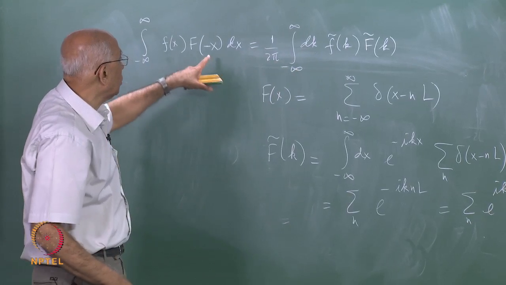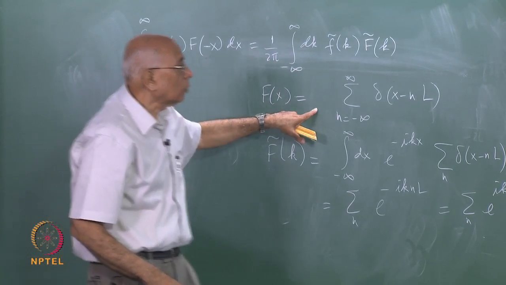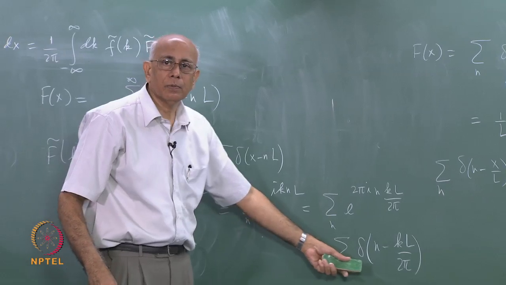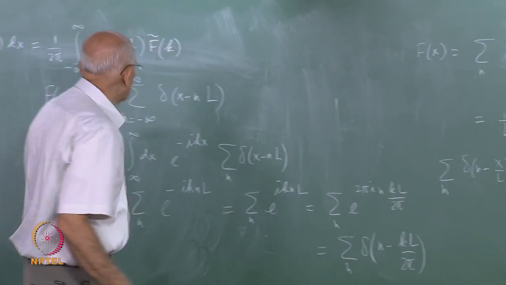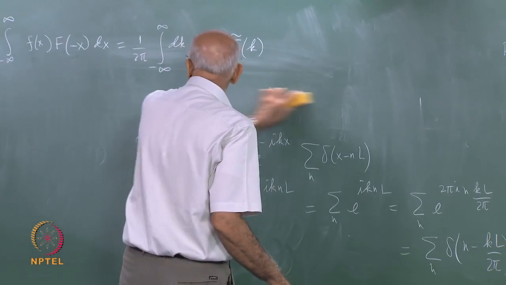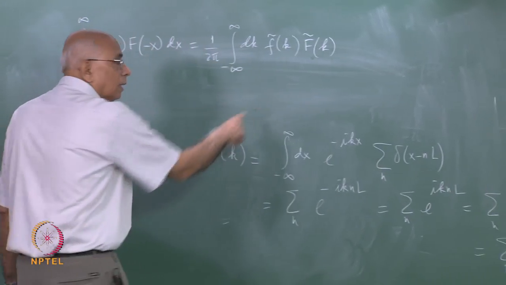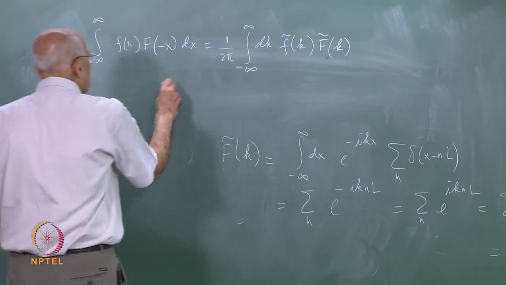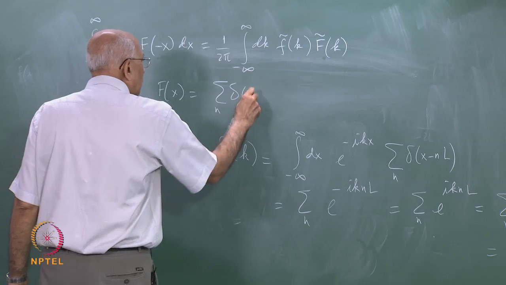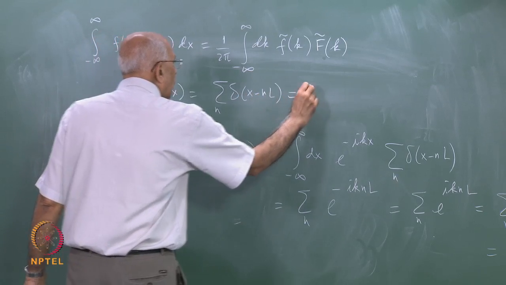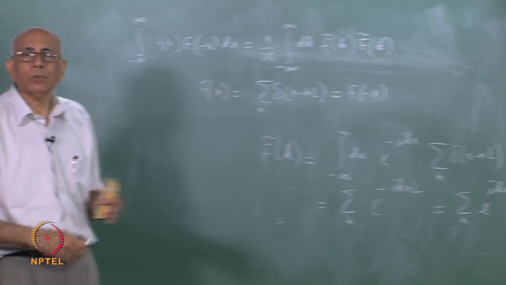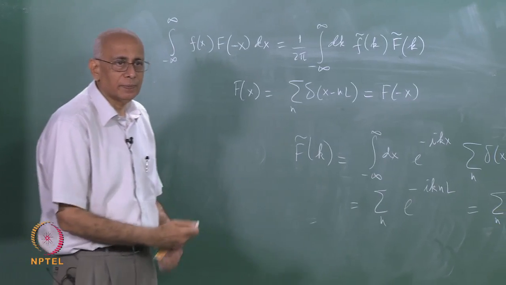I am going to substitute for f of x from here, and I am going to substitute for f tilde of k from here. F of x is this delta function array, and incidentally notice also that in this instance f of x equal to summation over n delta of x minus nL, it is also equal to f of minus x, because all I have to do is to change n to minus n.